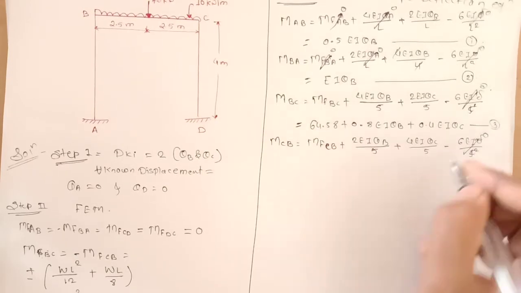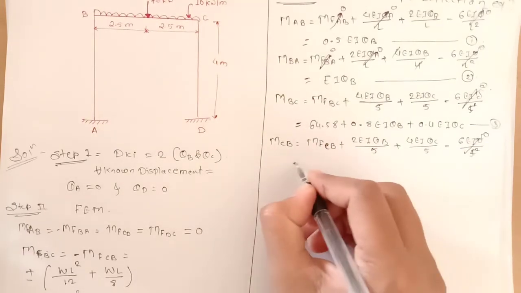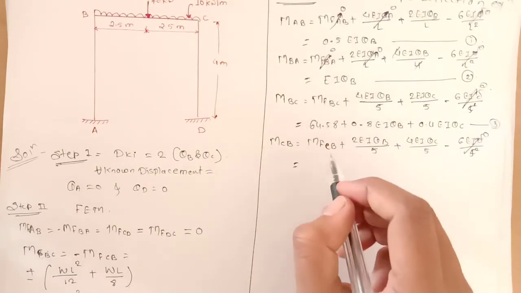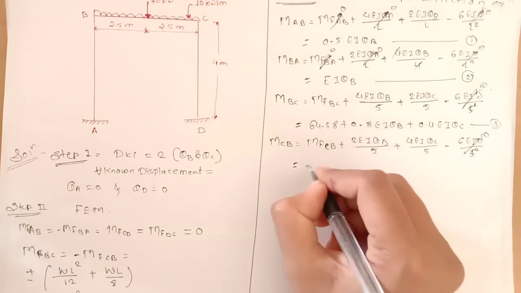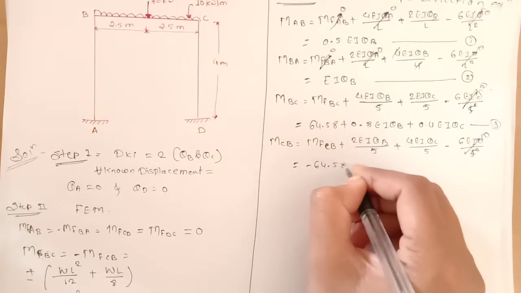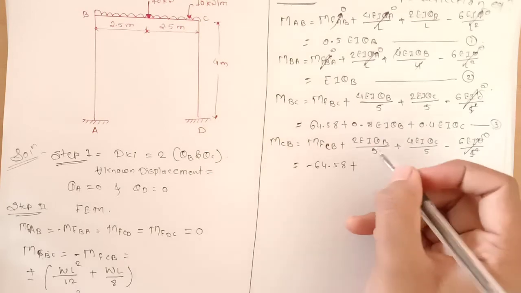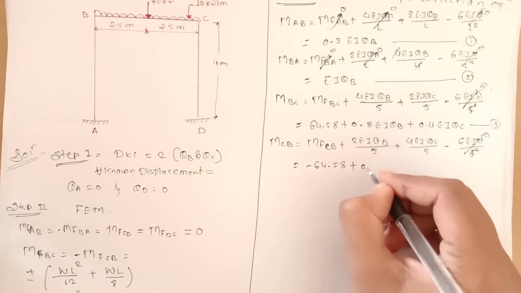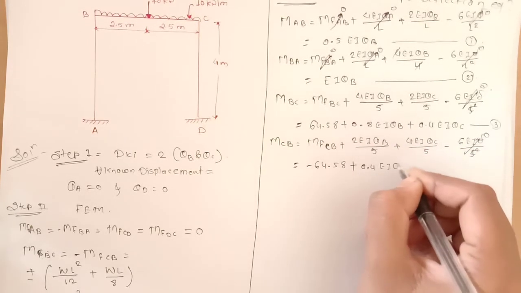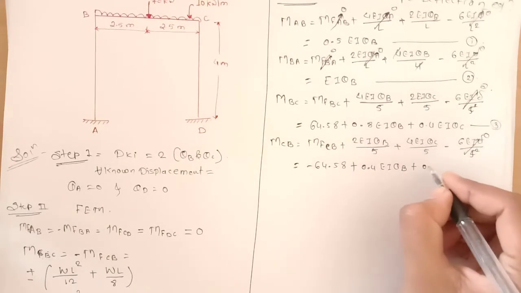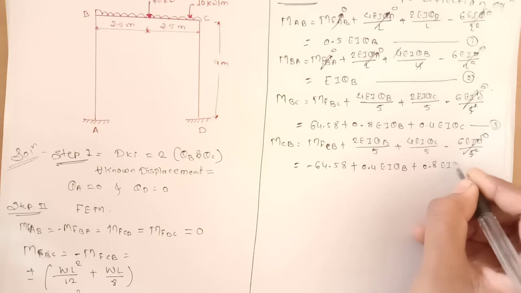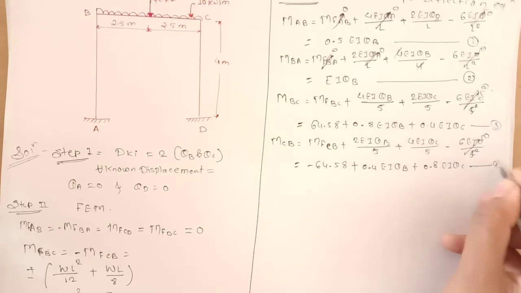So here the delta term is equal to 0. So remaining is, we know that the value of fixed moment for member CB is minus 64.58 plus 2 divided by 5, which is nothing but 0.4 EI theta B, plus 4 divided by 5, which is nothing but 0.8 EI theta C. This is equation number 4.